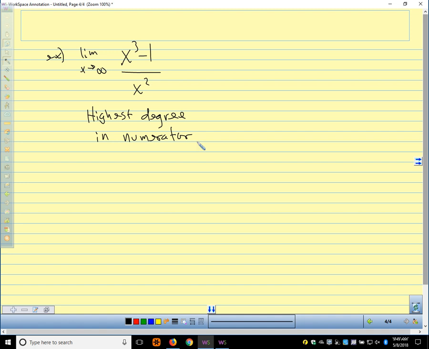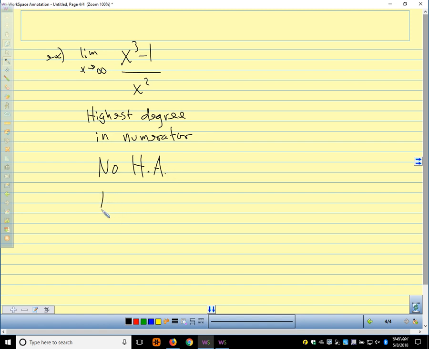When we talked about the horizontal asymptote rules, what did we say when the highest power was in the numerator? What's that? No horizontal asymptote. So that meant that there's some other kind of asymptote, but it's not horizontal.